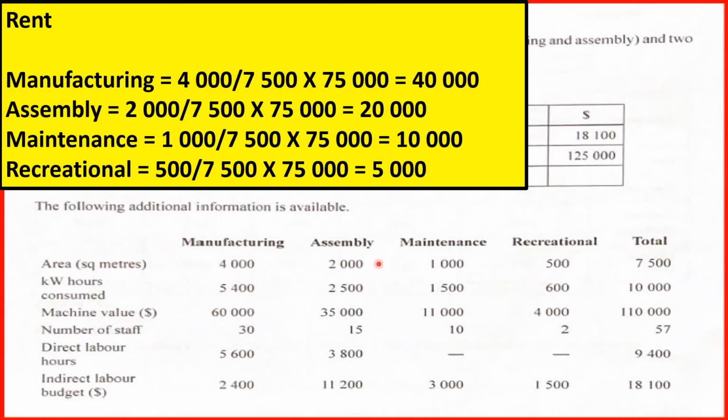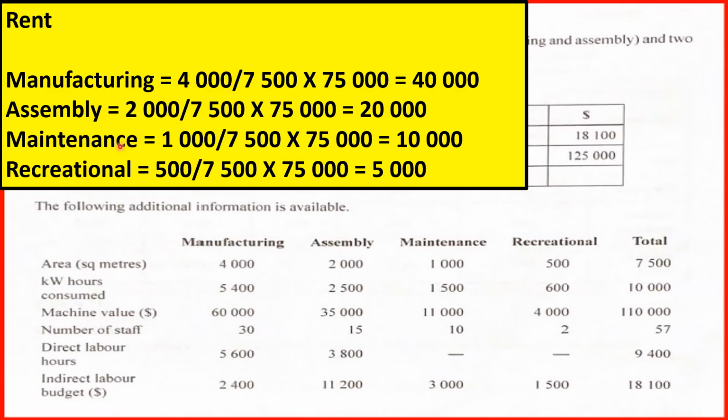If you notice here, we take the rent first, and we'll work out the amount for each one of the departments here. To do that, we'll take the 75,000 from the table overhead, and multiply by 4,000 over 7,500, which gives 40,000. Next, assembly will be 2,000 over 7,500 multiplied by the total overhead for rent, and that will give us 20,000.